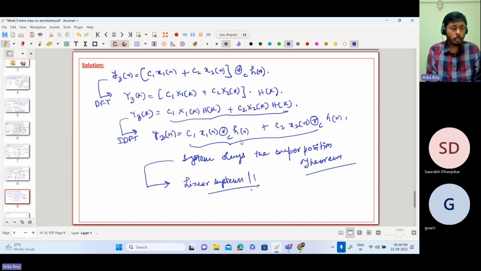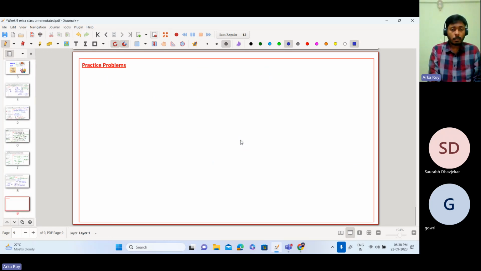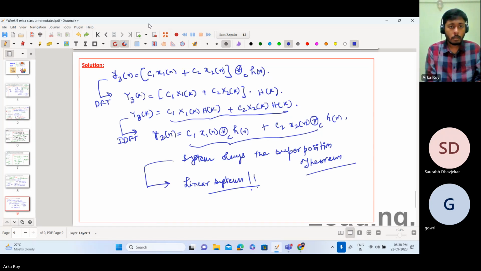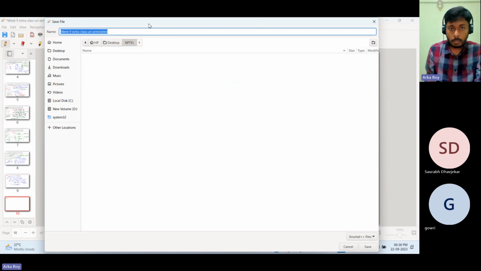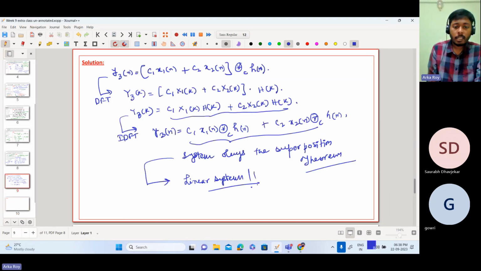Okay, so the next part is we need to check the points. So we have just checked the linearity part. Now we have to check the shift invariance, or circular shift invariance.